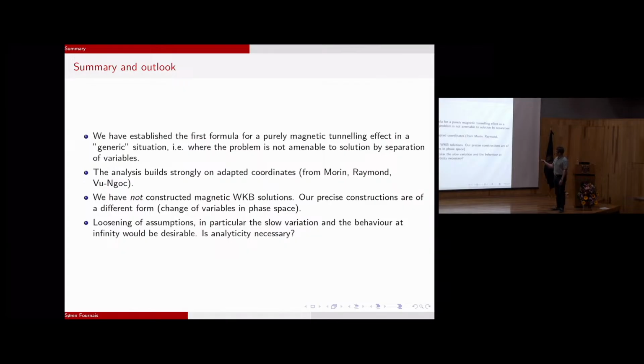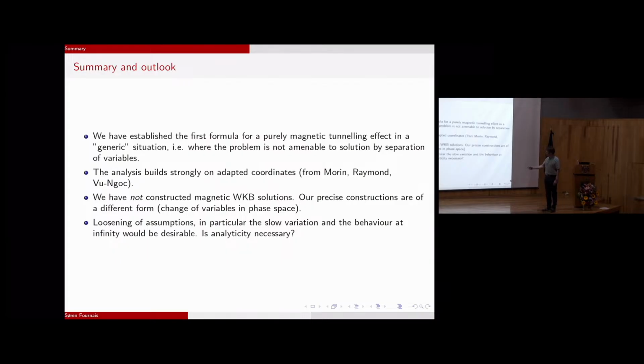We have established what I think really is the first formula for a purely magnetic tunneling effect in a somewhat generic situation. I had lots of assumptions, but you could make small perturbations at least and still be in the same situation. These adapted coordinates came essentially from the thesis of Léo Morin, that was joint work with Nicolas and Saint-Vougnoc.